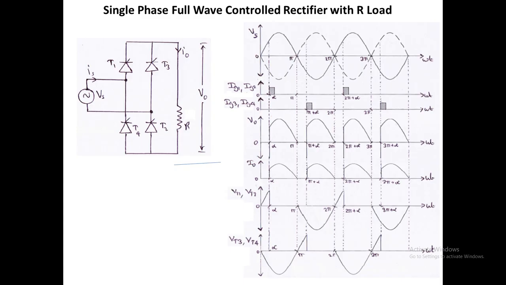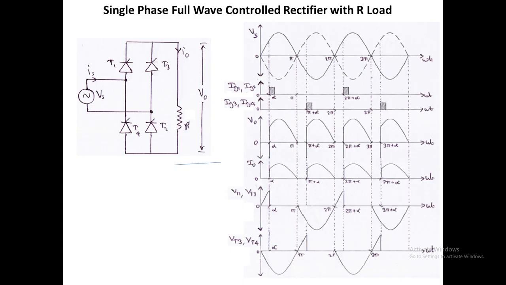V0 will have a maximum of, if we are giving 230 volts as input voltage, the 230 volts will be the RMS voltage. So root 2 into Vrms, root 2 into 230, will be 325 volts. That will be the maximum voltage. So if we are giving 230 volts, the maximum output voltage will be 325 volts.